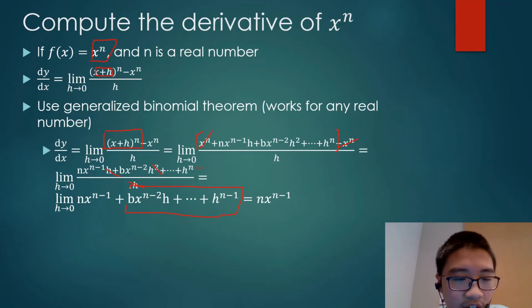What about the middle terms? These expressions all contain h, and we have already eliminated the denominator, so we can plug in h equals 0 for them, which means they are equal to 0. So dy over dx, if y is equal to x to the nth power, is just equal to n times x to the n minus 1th power.